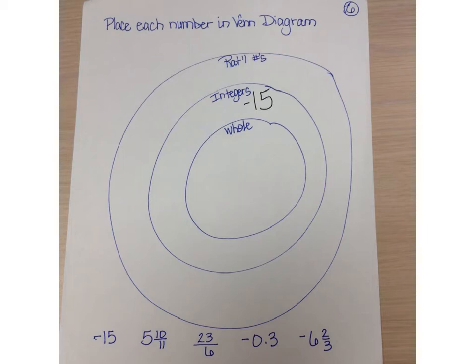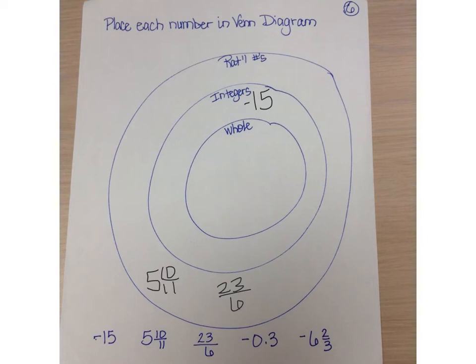5 and 10 elevenths. Well, that's a fraction, so that's automatically going to go out here on the outside. So that's a rational number. 23/6, again, the only place that fractions go. Negative 3/10.